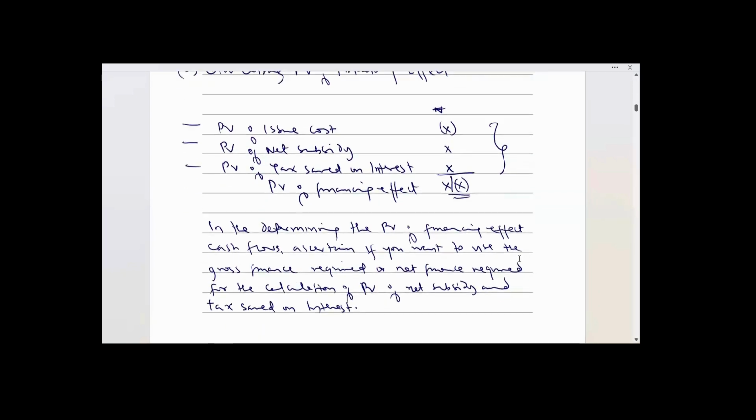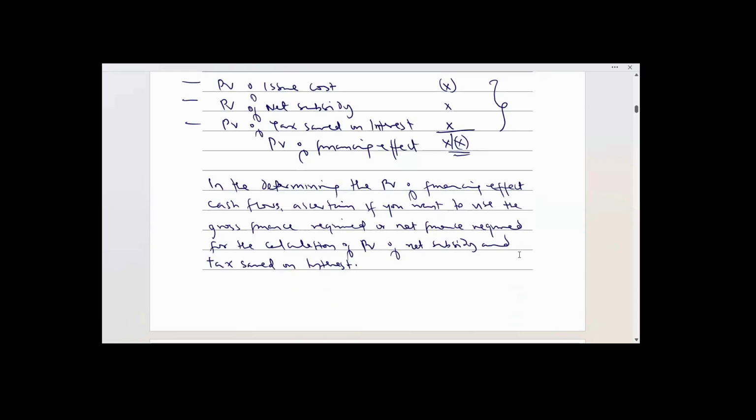So that's what I'm now saying, that in determining the PV of financing effect cash flows, ascertain if you want to use gross finance required or the net finance required for the calculation of PV of net subsidy or tax saved on interest.